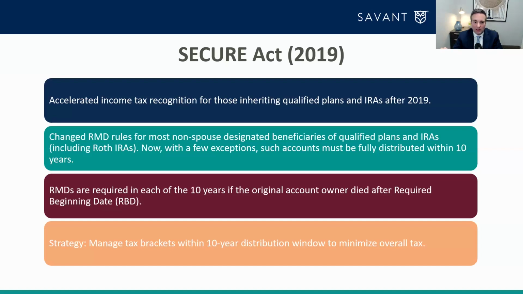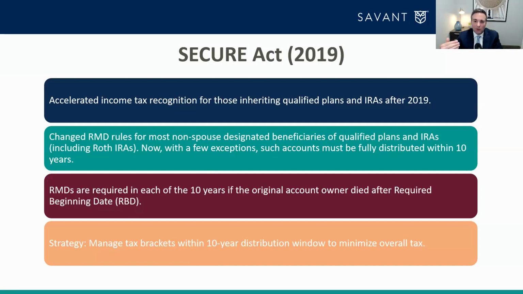So most tax advantage retirement plans have something called a required minimum distribution. If you're the original plan participant or owner of the IRA, your required minimum distribution starts between ages 72 and 75, depending on your birth date.